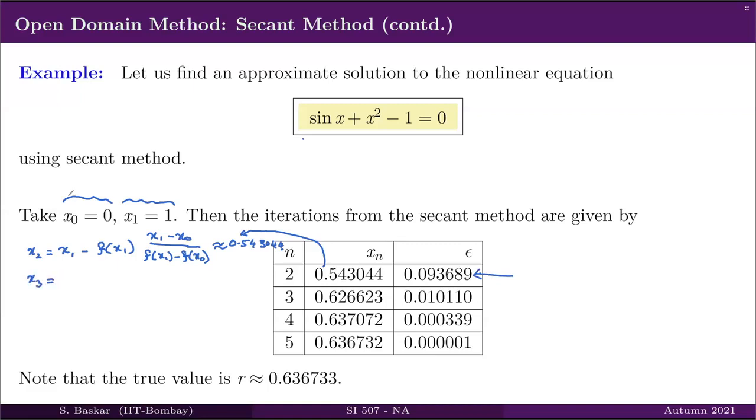Now what you have to do, you forget x0, use x1 and x2 to find x3, and the formula is given by x2 minus f of x2 into x2 minus x1 divided by f of x2 minus f of x1, and that is approximately given by this number. And similarly, we can find x4, and that is given by this. For this, you have to substitute the values of x2 and x3 in the formula, and for x5, you have to use x3 and x4 and so on.